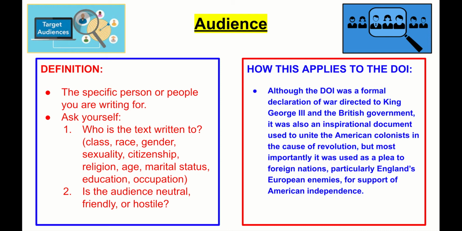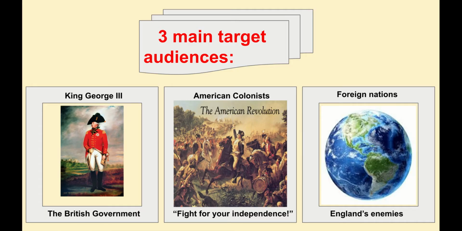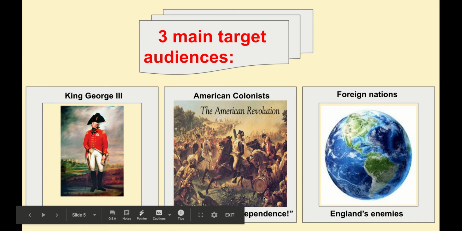But most importantly, it was used as a plea to foreign nations, particularly England's European enemies, for support of American independence. So let's take a look at a visual that shows that broken up. There are three main target audiences. First, they are directly talking to King George and the British government, telling them why they're doing this. Also, to the American colonists.